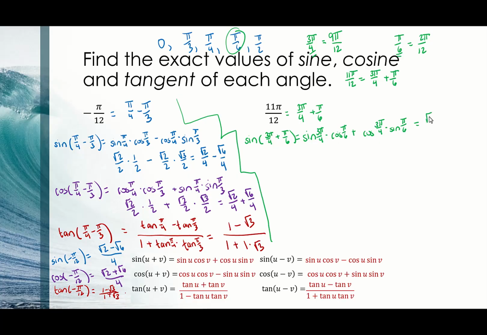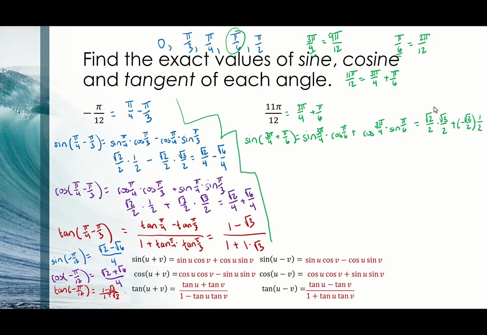We're going to get root 2 over 2 times cosine of pi over 6 is root 3 over 2 plus, and now we have cosine of 3 pi over 4. Cosine is negative in quadrant 2, so this ends up being negative root 2 over 2. And sine of pi over 6 is 1/2.